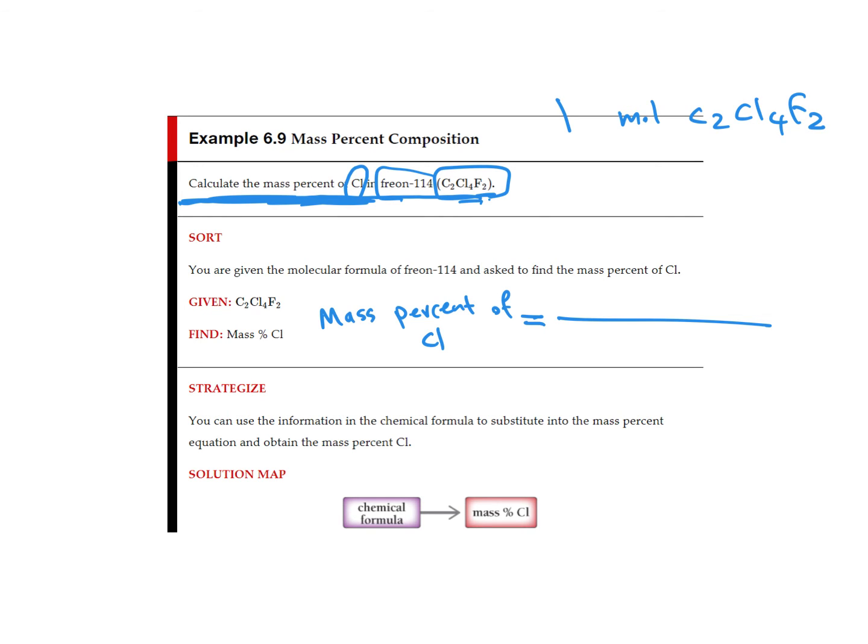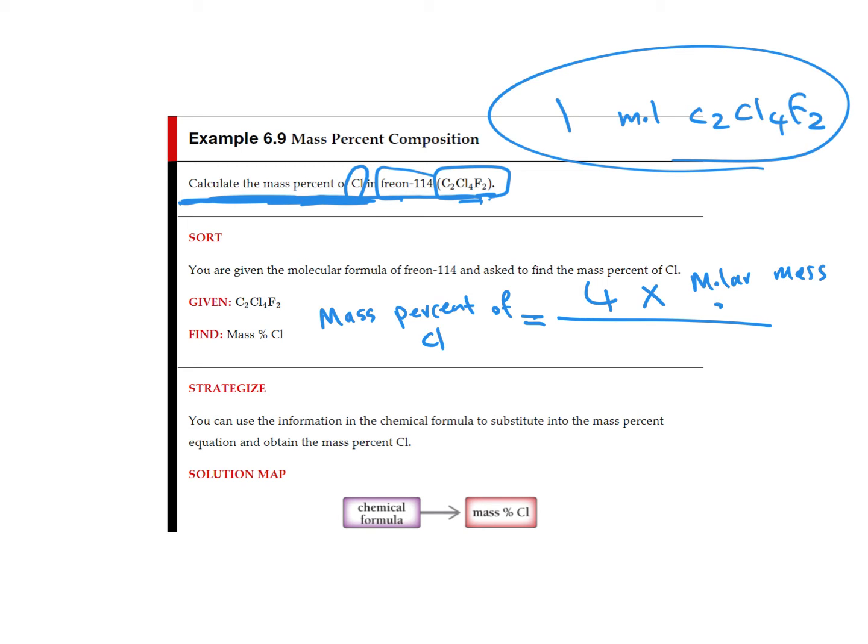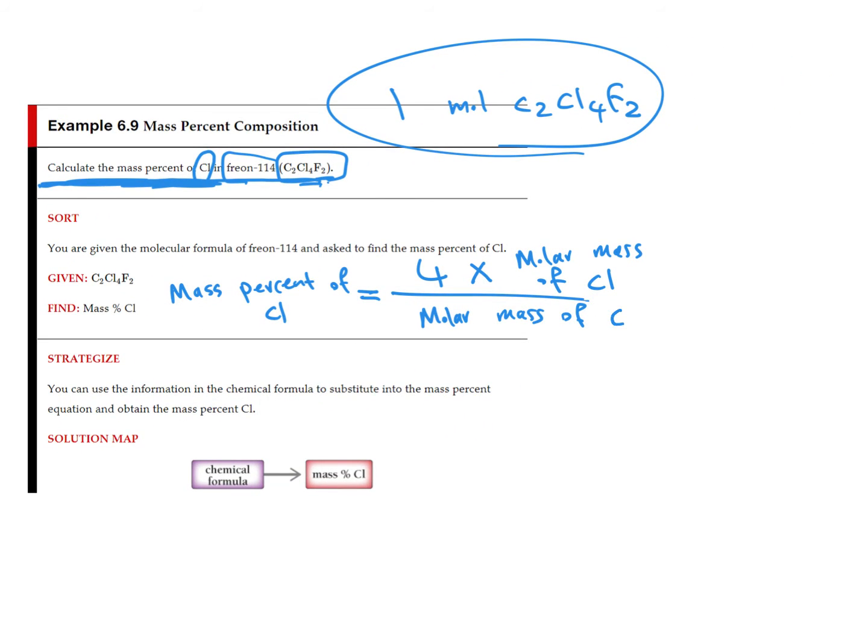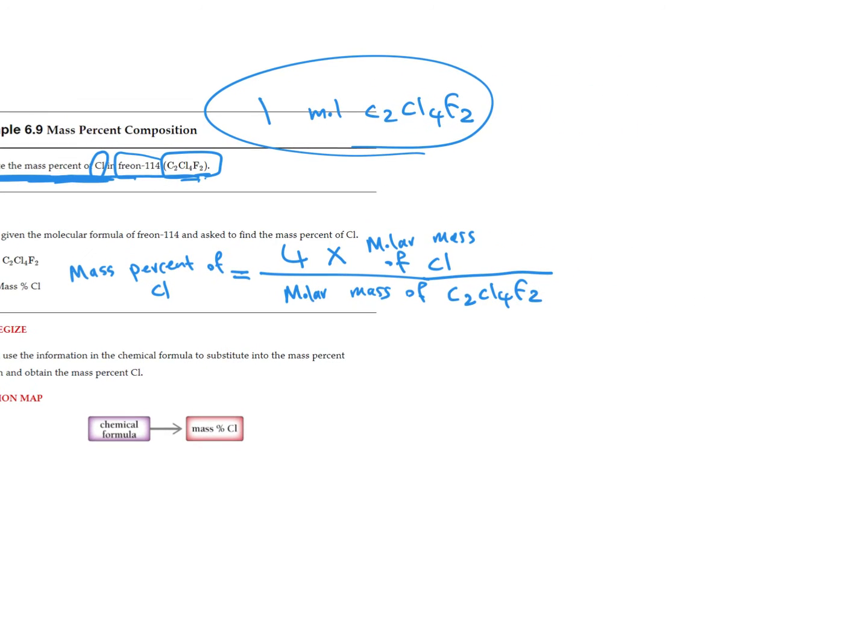How many moles of Cl atom do I have in 1 mole of this? 4, right? And then I write the molar mass of Cl, and in the denominator, I write the molar mass of my compound, which is C2Cl4F2. Can anyone tell me what is the molar mass of Cl?